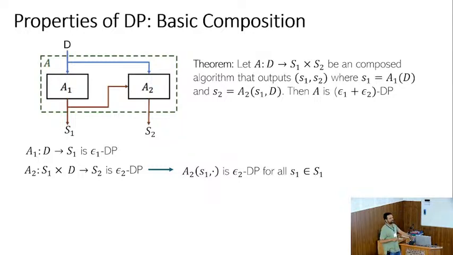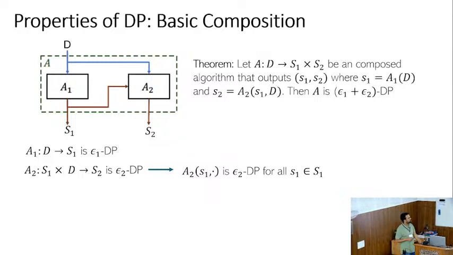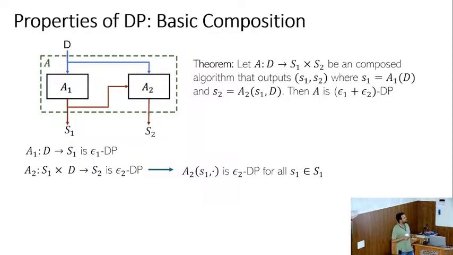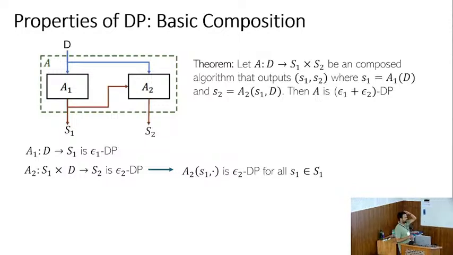A outputs two values, small s1 and small s2, where s1 is the output of A1 run on dataset D, and small s2 is the output of A2 run on the dataset D, taking the output of algorithm A1, which is s1. So s1 is A1 of D, and s2 is A2 of s1 comma D. The output of the composed algorithm A is s1 comma s2.